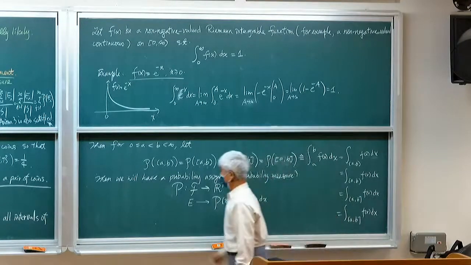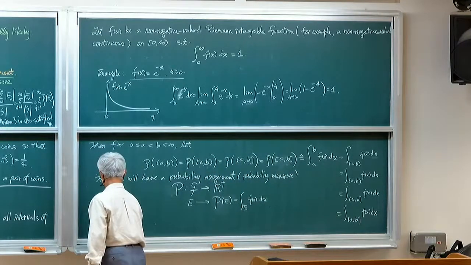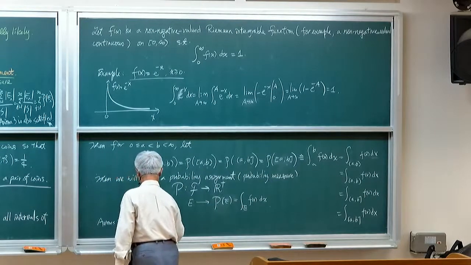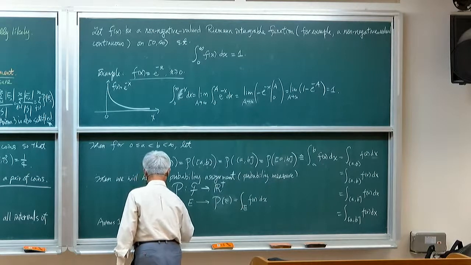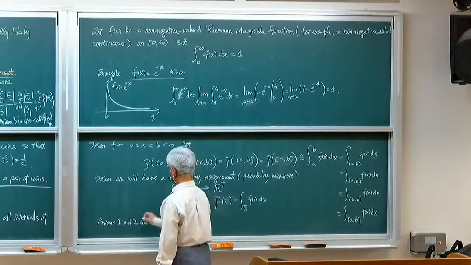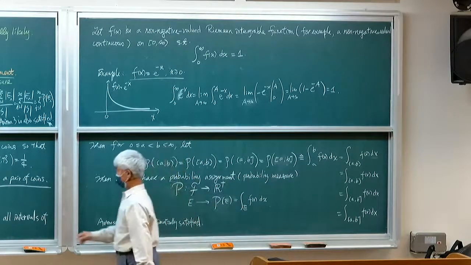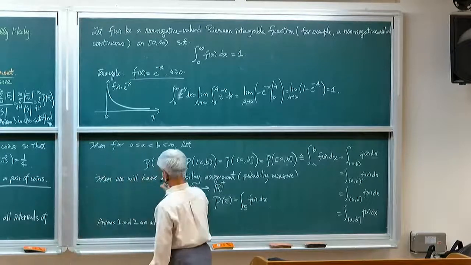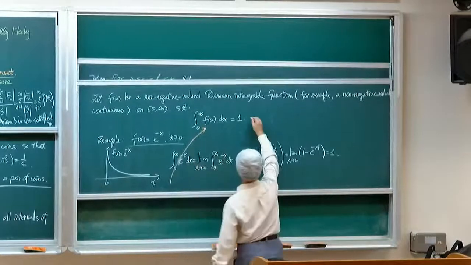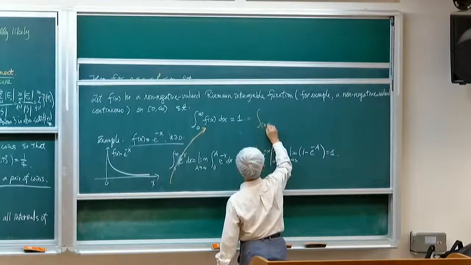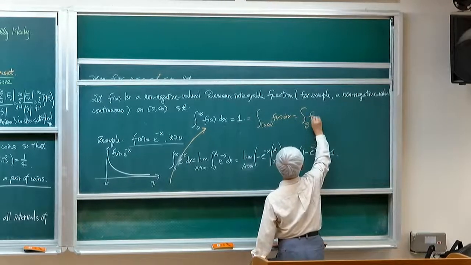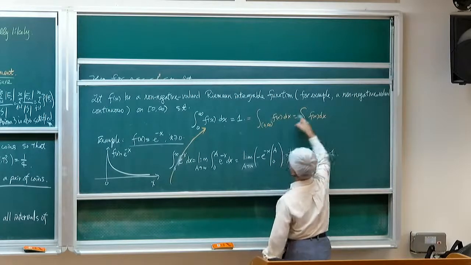All right, and axioms 1 and 2 are automatically satisfied. Especially 2 is because what? The number 2 is because, go up here, because this is, and which is equal to 1.